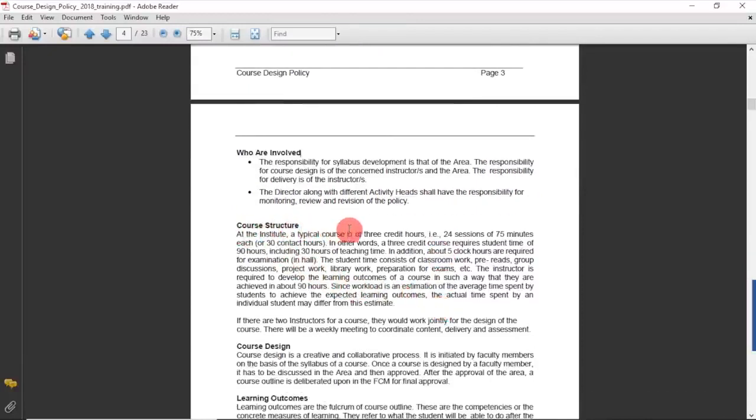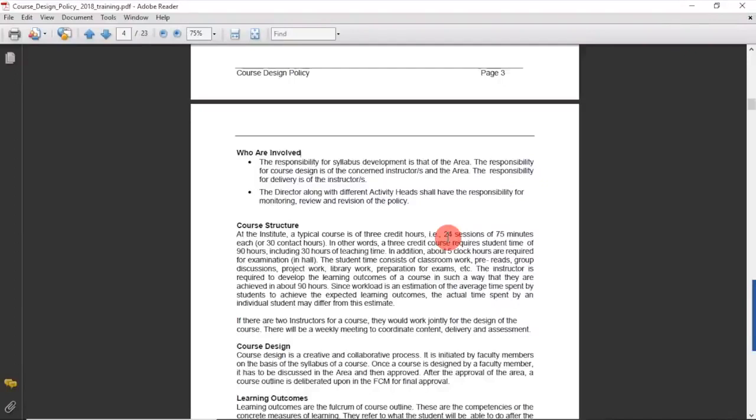Then it goes on to designing, discussing the course structure. What will be the structure of the course? We said that each course, when we are saying course, basically it means the subject, say for example, financial management, marketing management, or quantitative techniques. This is one subject. So we are saying that one course will comprise 24 sessions of 75 minutes. That means in a trimester where this course was getting implemented, each subject was having 30 hours allocated to it.